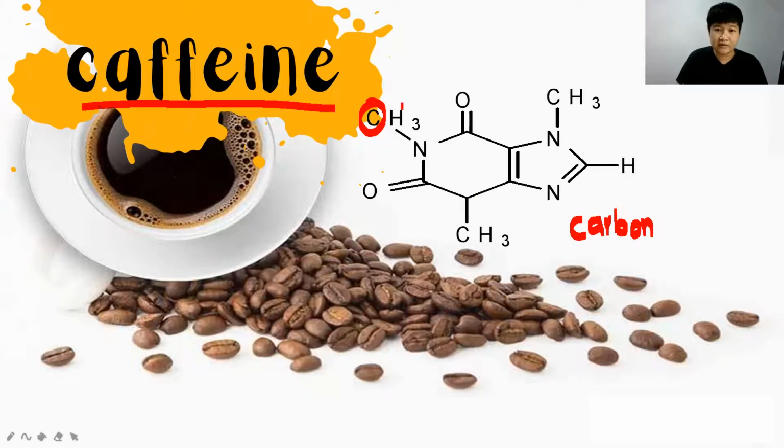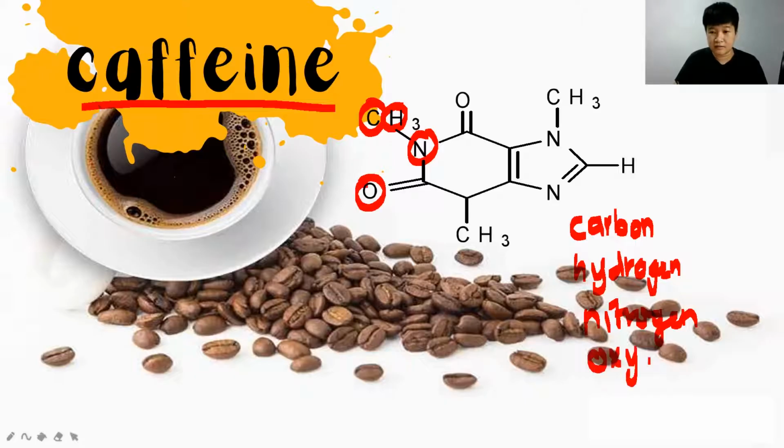Next, we have the presence of hydrogen as the second element. We also have the presence of nitrogen in your caffeine. We have the presence of oxygen. Is there anything else? No, because you have the repetition of oxygen, nitrogen, carbon, and hydrogen only. So you have 4 elements that make up caffeine.